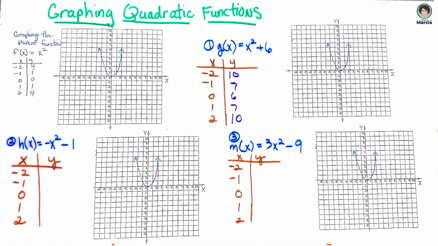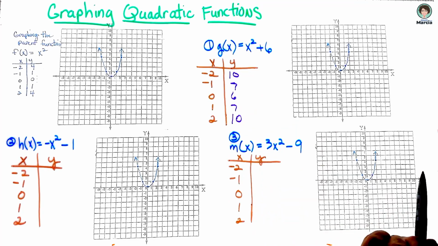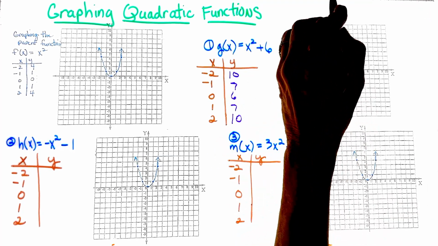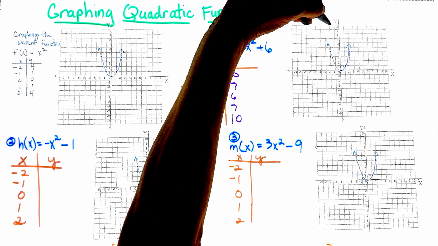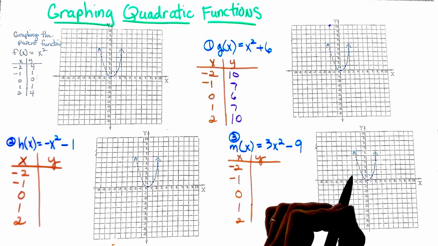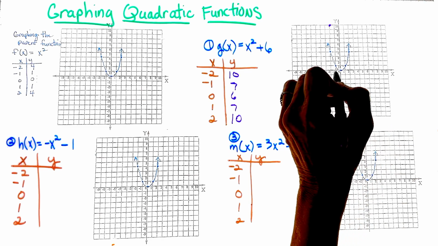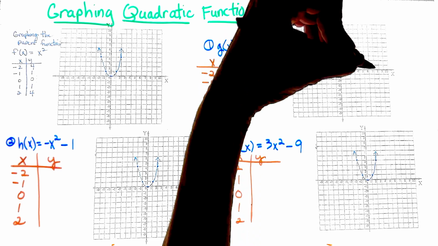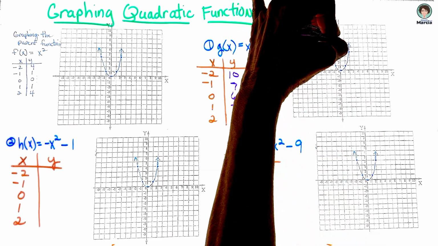Now we're going to graph what this function would look like. If x is -2, y is 10. I'm going up here, and there it is. If x is -1, y is 7, going up to where my 7 is, moving over 1, and there we have it. If x is 0, y is 6.